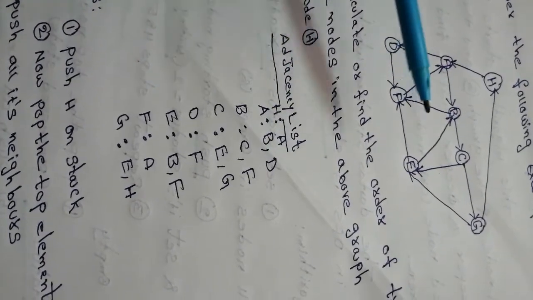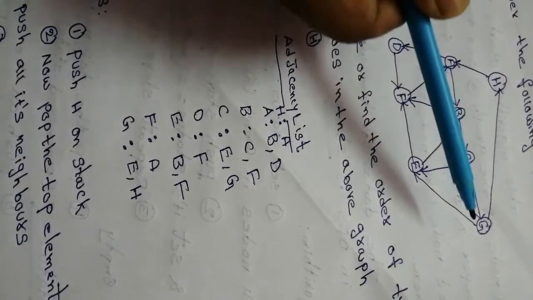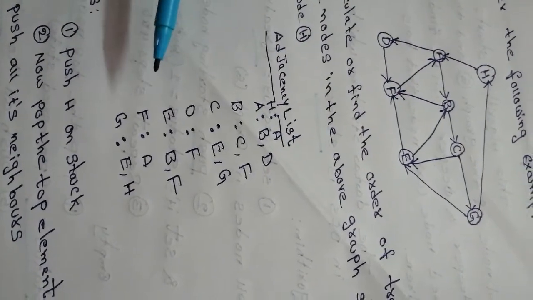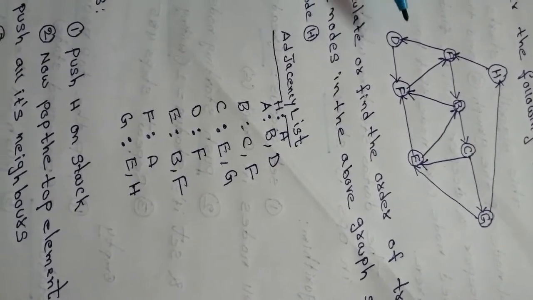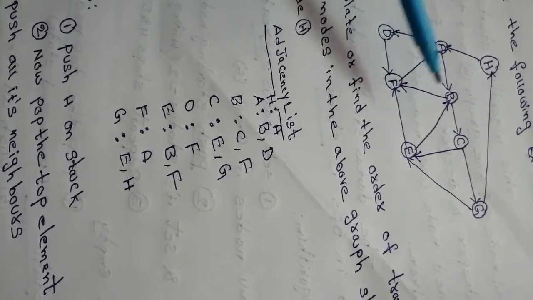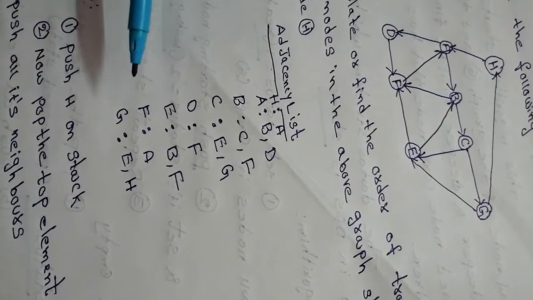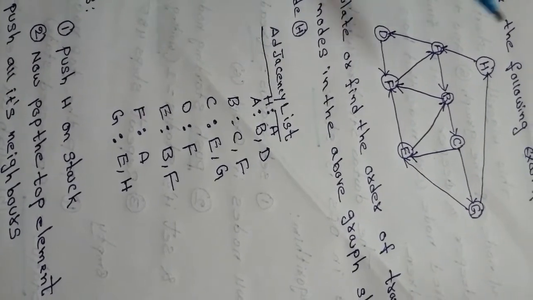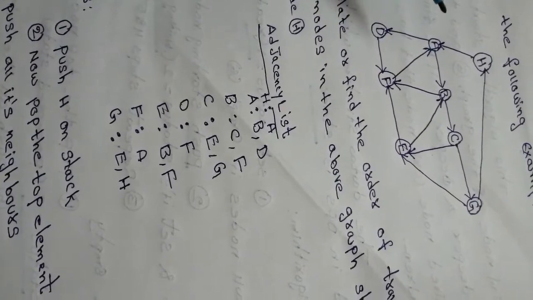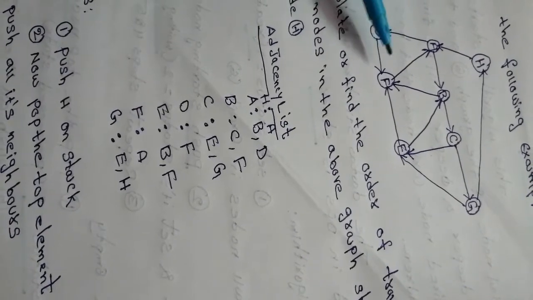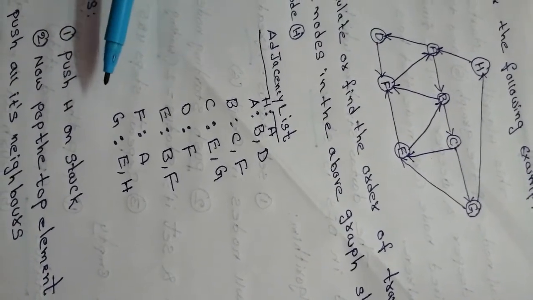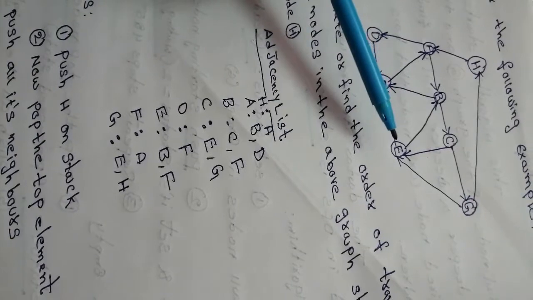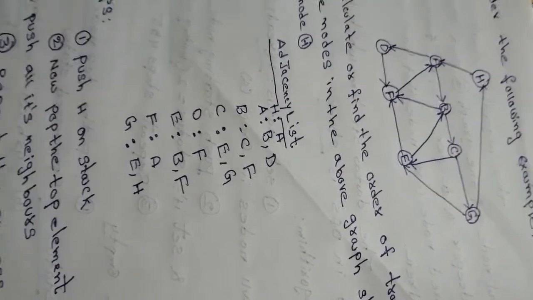For C, E and G are the adjacents. For D, F is the adjacent. For E, B and F are the adjacents. For F, A is the adjacent. For G, E and H are the adjacents.